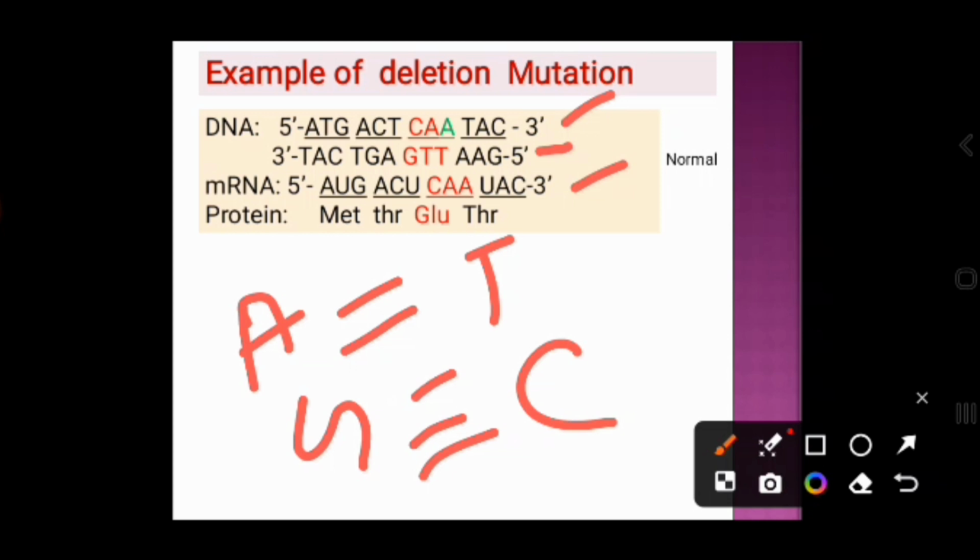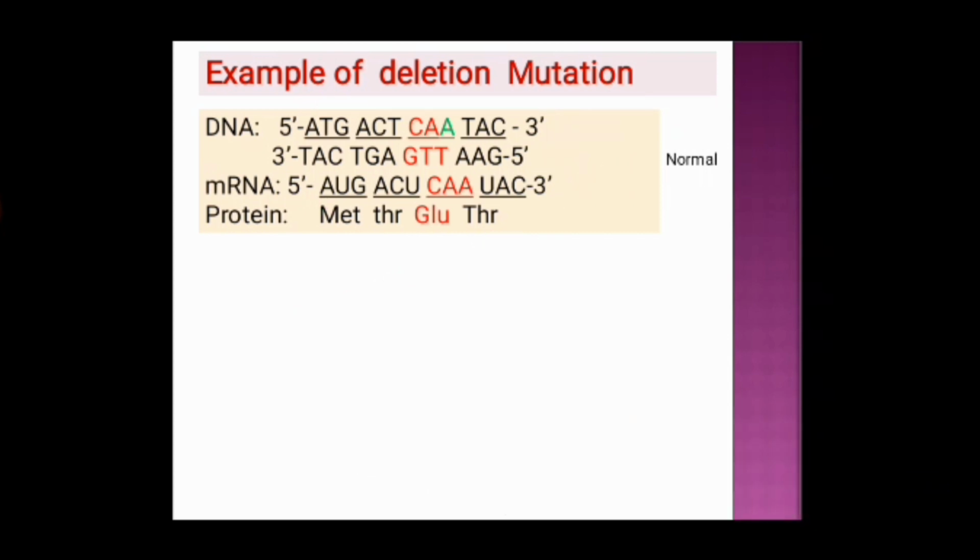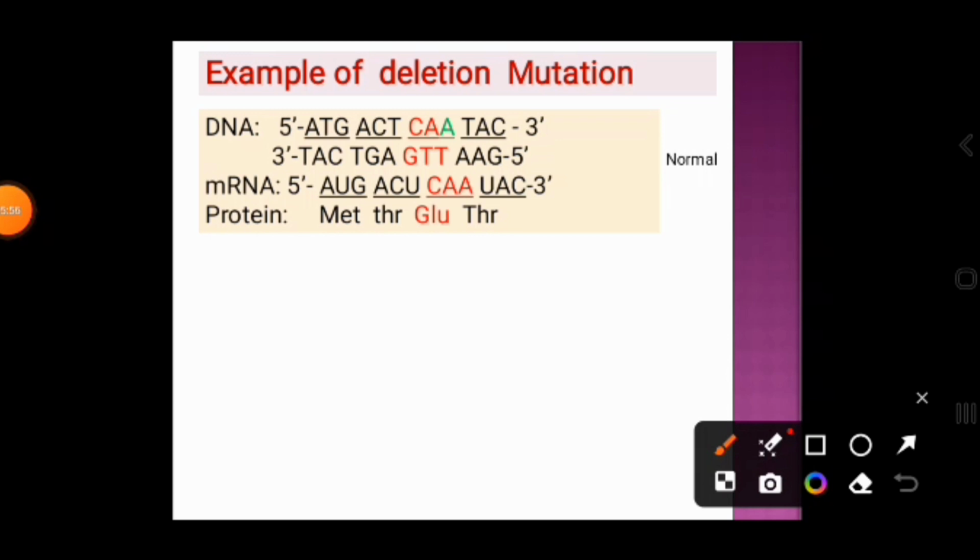The 5' to 3' DNA sequence and the 5' to 3' mRNA sequence are almost the same, except T is replaced with U in mRNA. As we know, a codon is a sequence of 3 DNA or RNA nucleotides that corresponds with a specific amino acid or stop signal. Here, AUG specifies methionine, ACU specifies threonine, CAA specifies glutamine, and UAC specifies threonine, and so on.